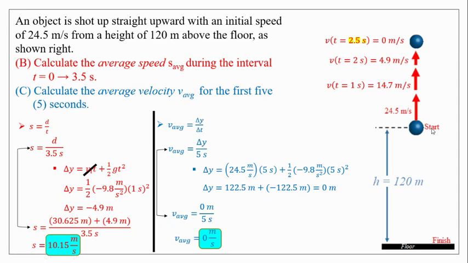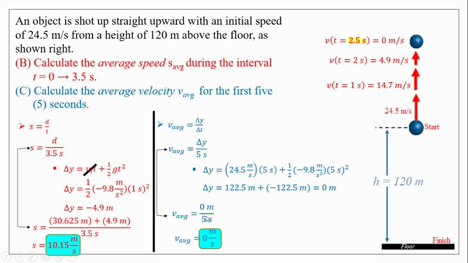So really, even though I travel upward and I travel downward, my displacement is 0 because my position hasn't changed. I'm back to where I started. So therefore, displacement is 0. And if displacement is 0, it doesn't really matter what time interval is on the bottom, it doesn't affect the outcome.